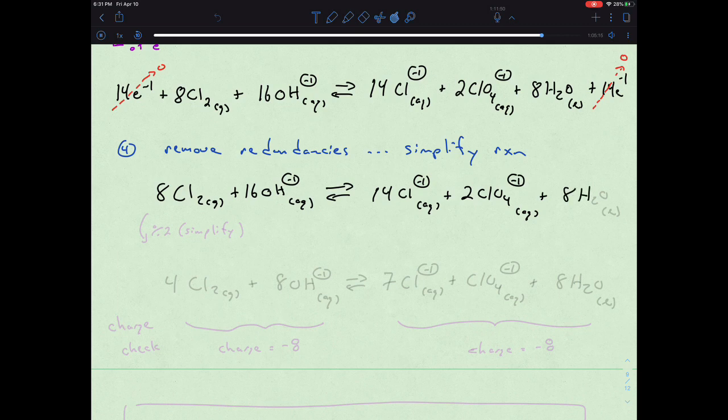But if we look at this, we could simplify it a little more, as everything's divisible by 2.